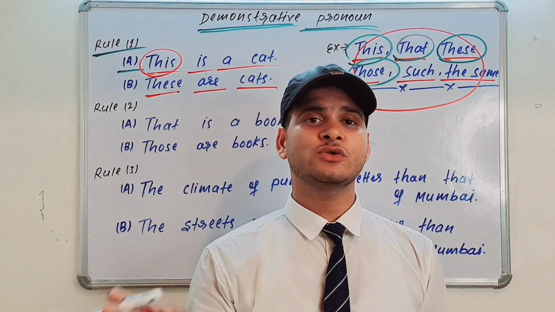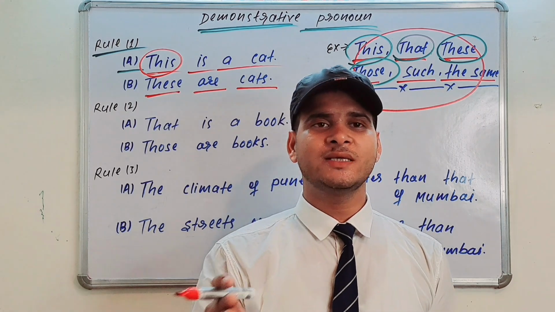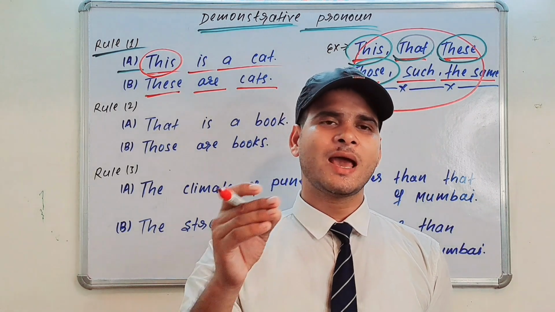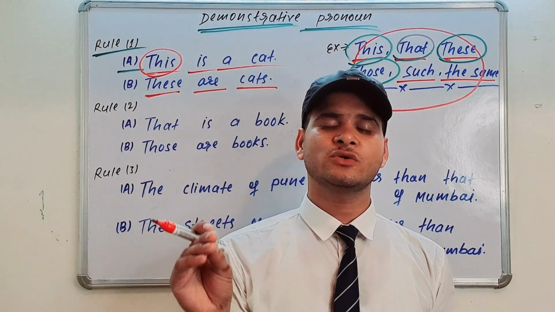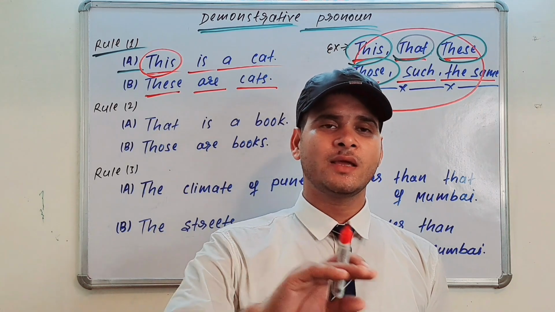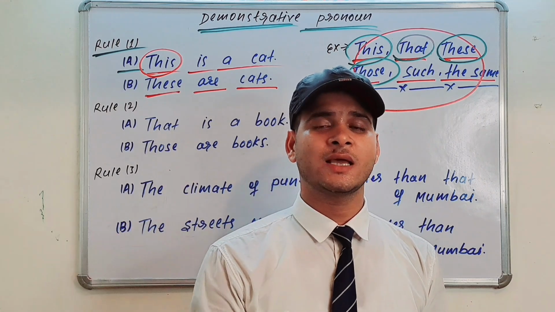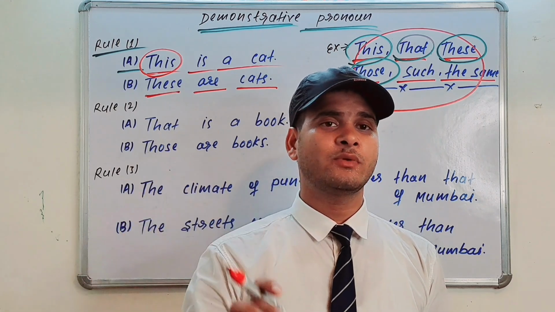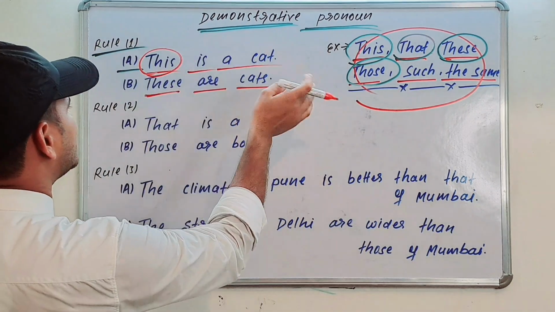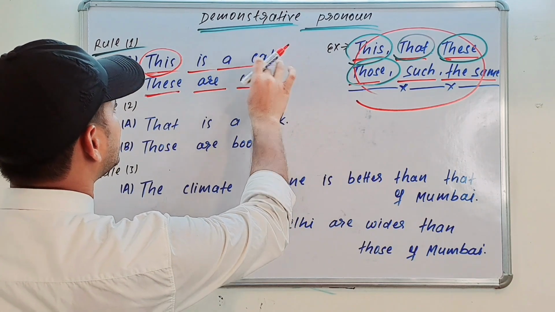This is used to point out the nearest singular noun, and these is used to point out the nearest plural noun.